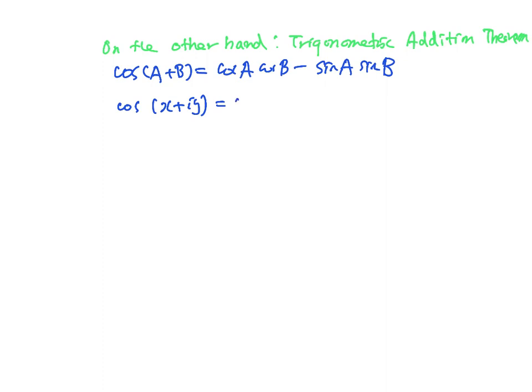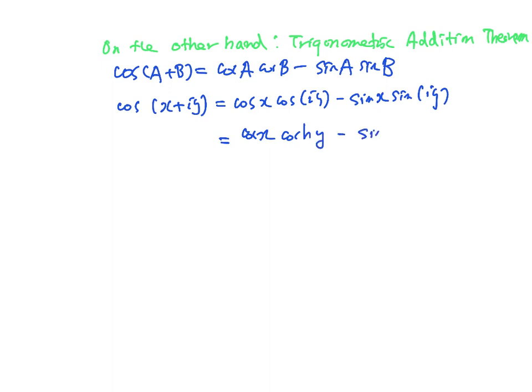If you apply this, cosine x cosine iy minus sine x sine iy. And we just have learned that cosine iy is cosine hyperbolic y. Cosine x cosine hyperbolic y, minus sine x, and sine iy is nothing but i sine hyperbolic y.